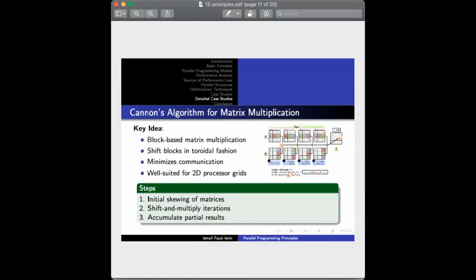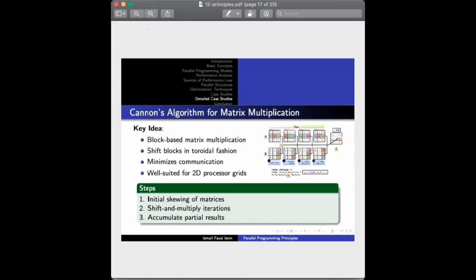The key idea behind Cannon algorithm is that it allows block-based matrix multiplication while minimizing overall network communication overhead. It achieves this by shifting blocks of our matrices across a 2D toroidal processor grid. As shown in the diagram, we have 9 blocks mapped to 9 concurrent processors, so that the algorithm moves data in 3 explicit steps.